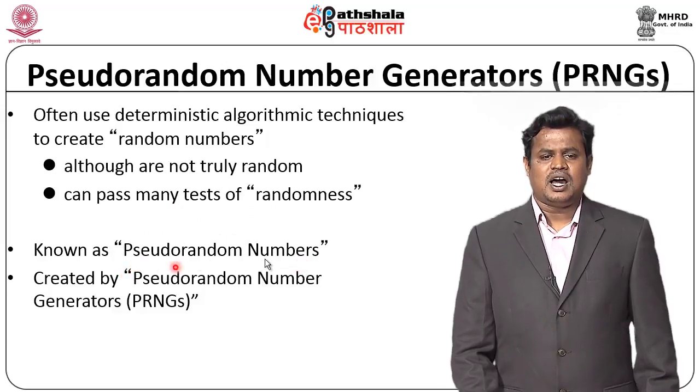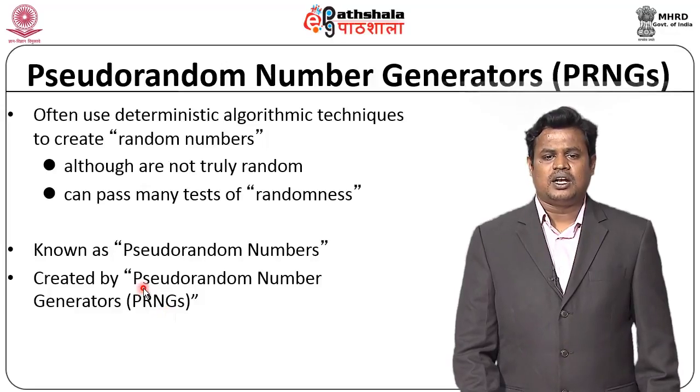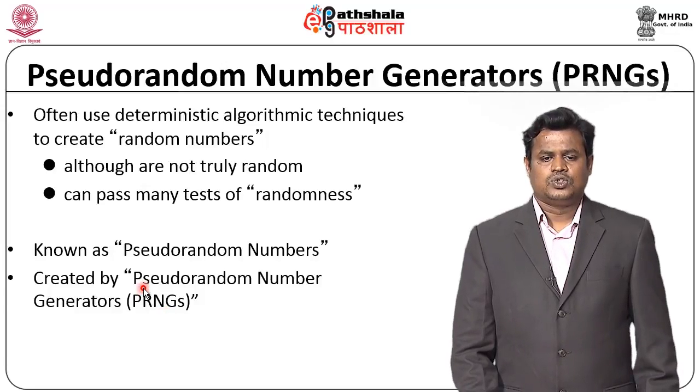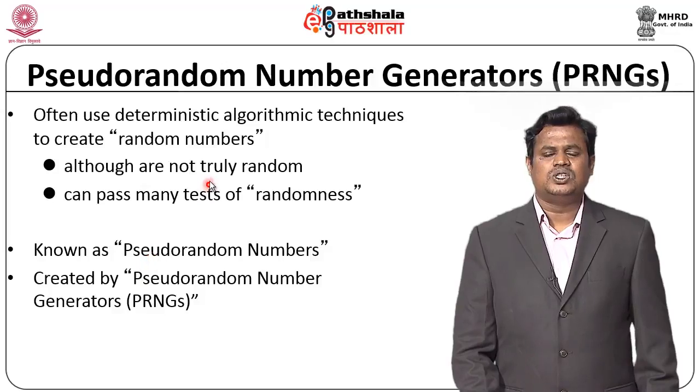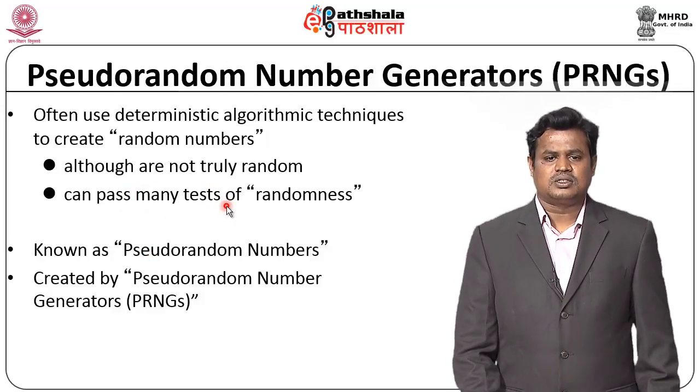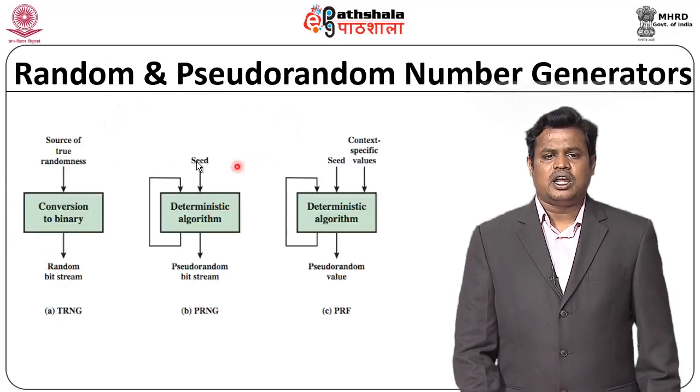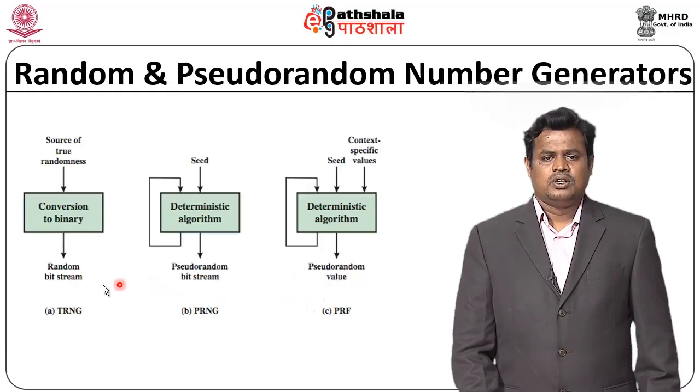Usually these are generated with the help of PRNGs, that is, pseudo random number generators. Why pseudo? Not truly random, but it may definitely pass the tests of randomness. So, how are these generators able to give random numbers or pseudo random values? With the help of this particular structure.